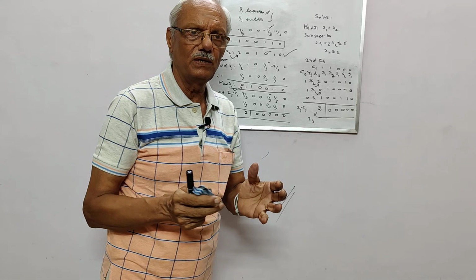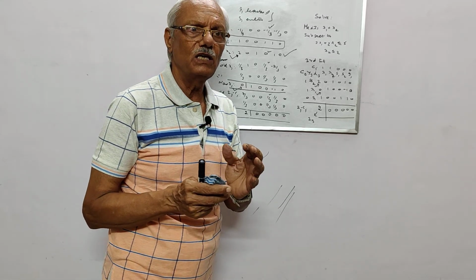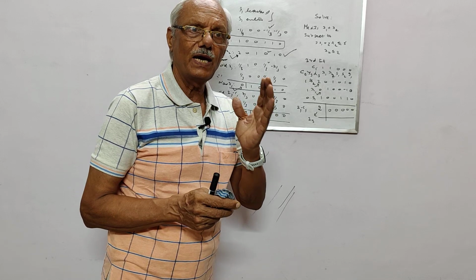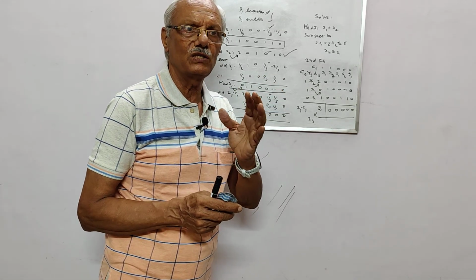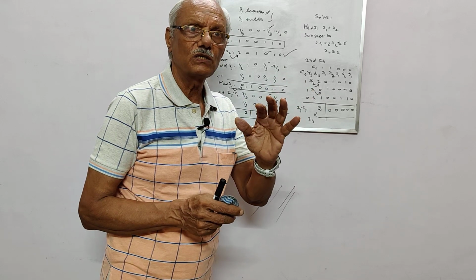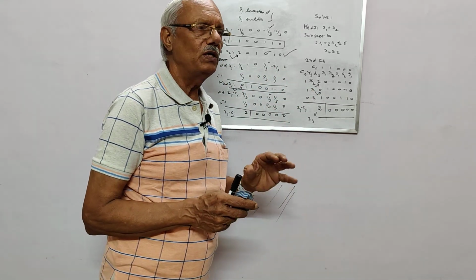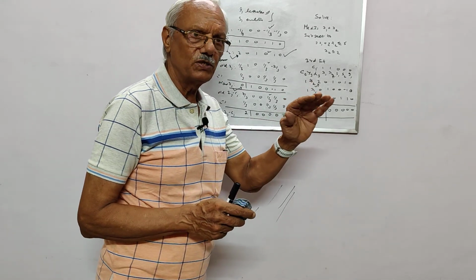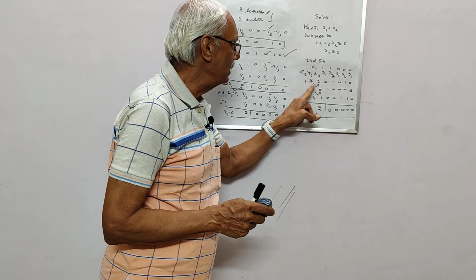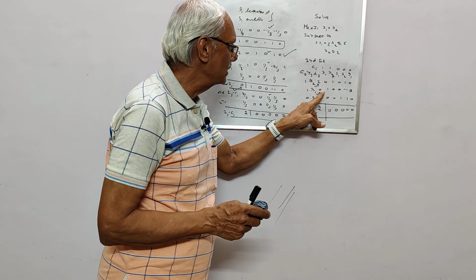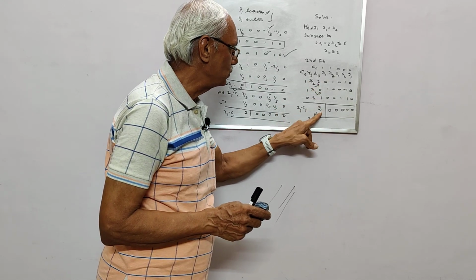When you prepare the table, you must ensure that your table is correct, that your numerical calculation and everything in finding the new equations are correct. How to ensure that? You must do the usual procedure I have taught you. 1 into 2 is 2, 1 into 0 is 0, 2 plus 0 is 2.